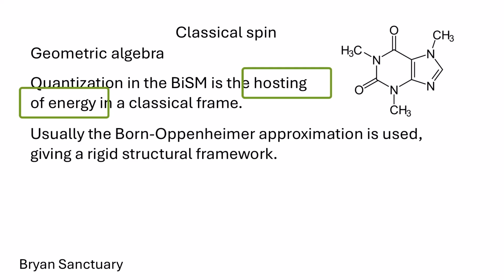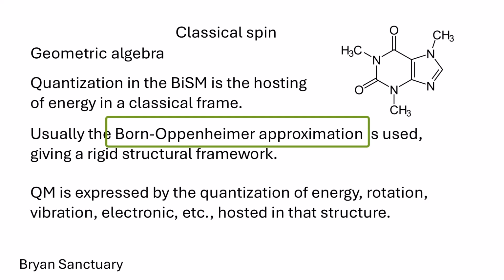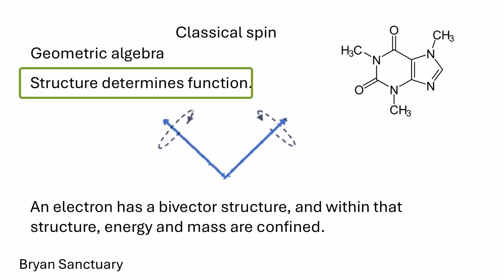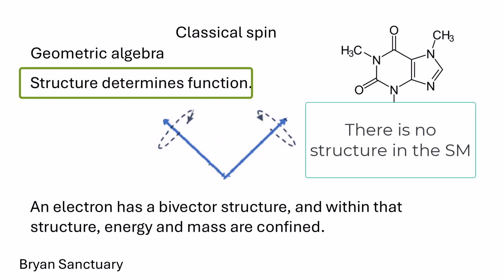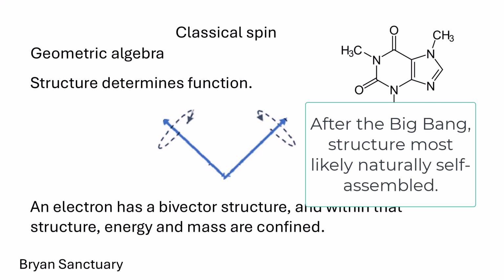The Born-Oppenheimer approximation is an example, but the frame too can become quantized. Various functional groups can interact with others. Structure determines function. There is no structure in the standard model. For me, at the Big Bang, after electrons are formed, then the conditions are correct. They self-assemble into structures we have today.